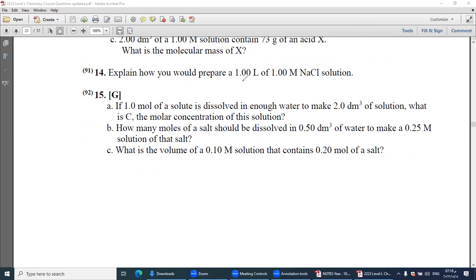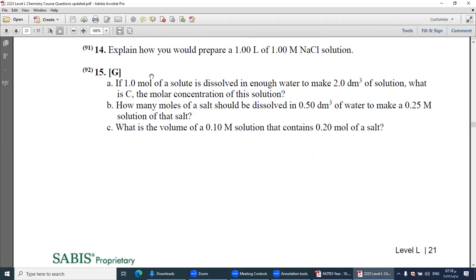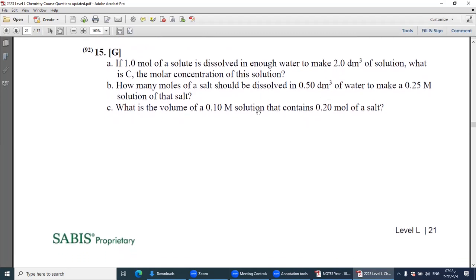Okay. 1 liter, 1 molar. A liter means decimeter cubed. But this practically, you can read number 15, Zain.